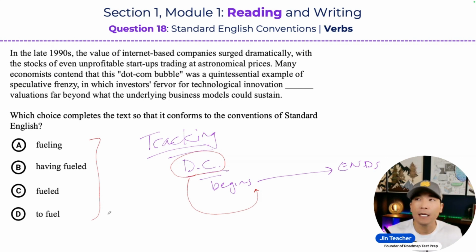The way the SAT can test you on sentence structure is by creating sentence structure errors, like run-on sentences and fragments. If you don't know what those are and want to learn about them, drop it in the comment box. I can teach you those in a future video. But those are the two most common sentence structure errors you're going to encounter on the SAT.